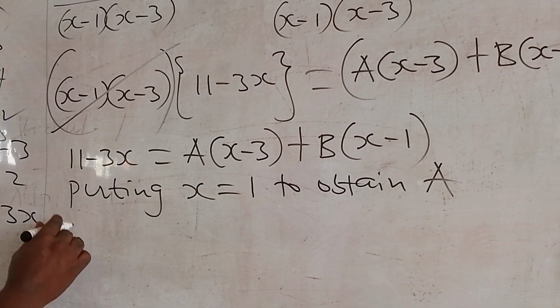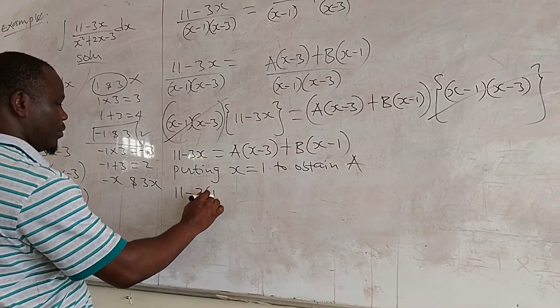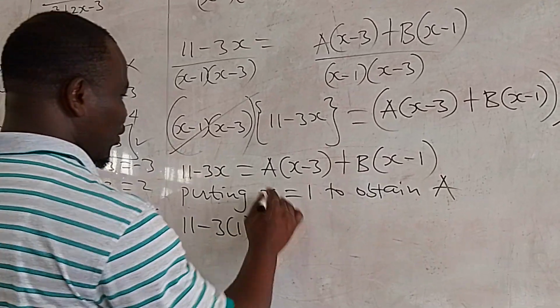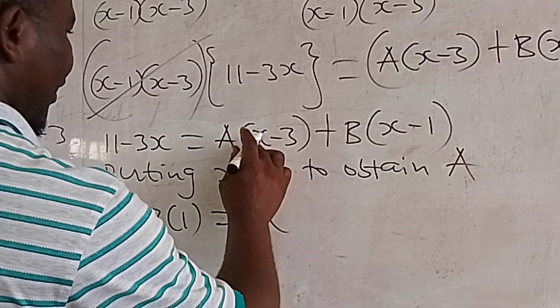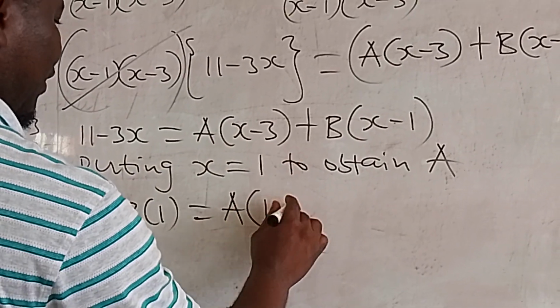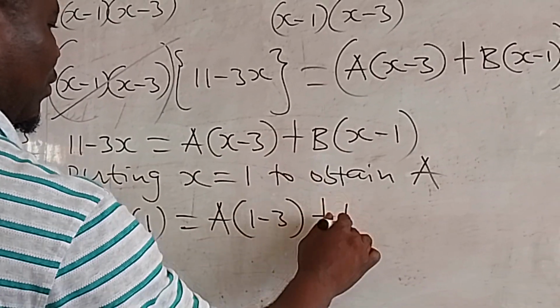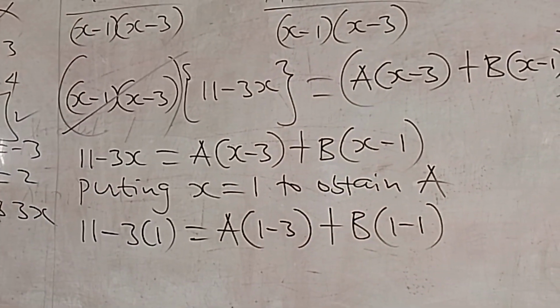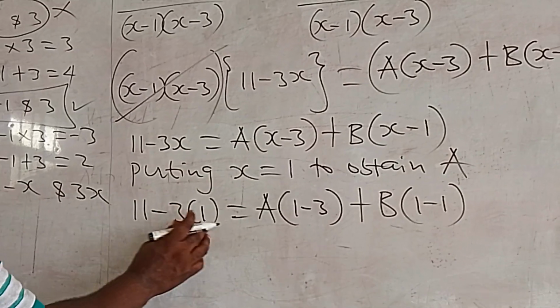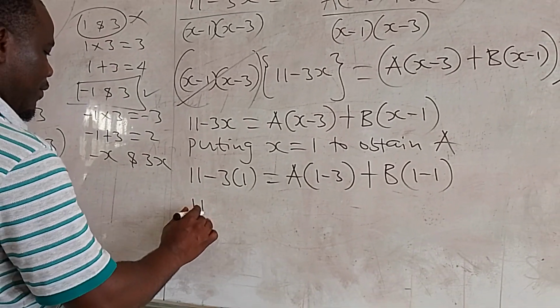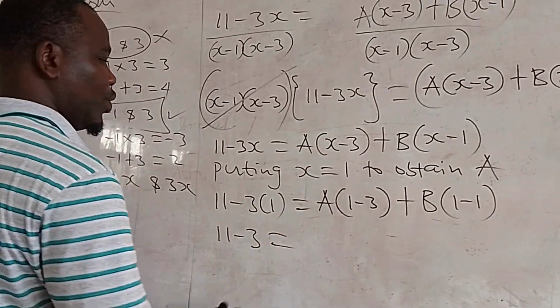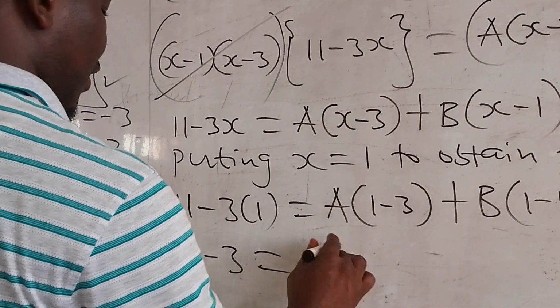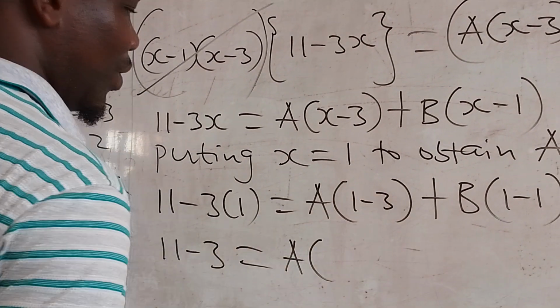So note that we have x here, isn't it? So let's write 11 minus 3 all in bracket 1 equals to A all in bracket (x is 1) 1 minus 3, then plus B all in bracket (1 minus 1), isn't it? So 11, this 3 times 1 is 3. 11 minus 3 is equals to A all in brackets (1 minus 3).